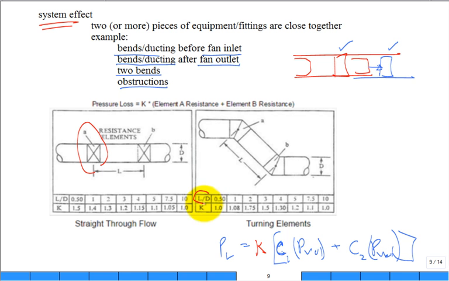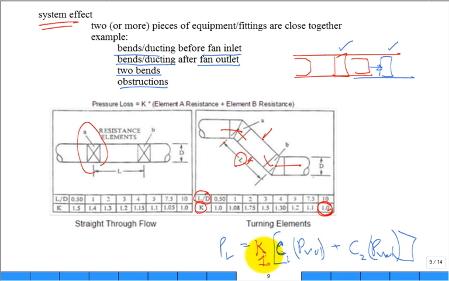It's a function of L over D for these two fittings, okay? So this is the L, the distance between the two fittings, and D is the diameter. Well, when does this K go to unity, such that there wouldn't be an additional system loss because they're close together?